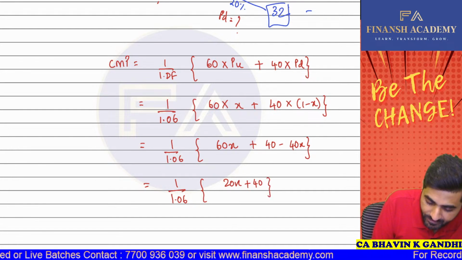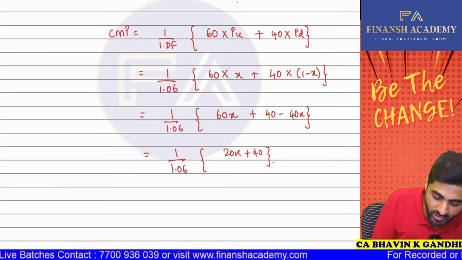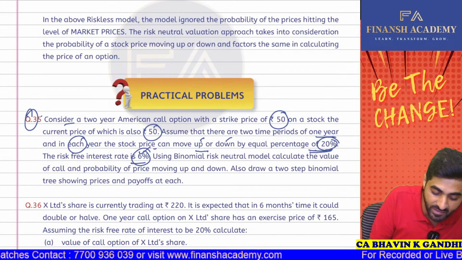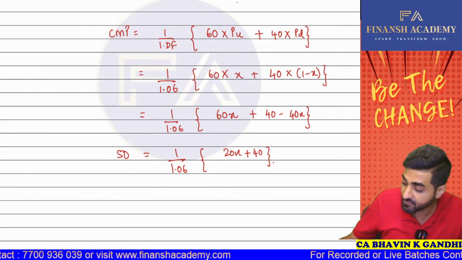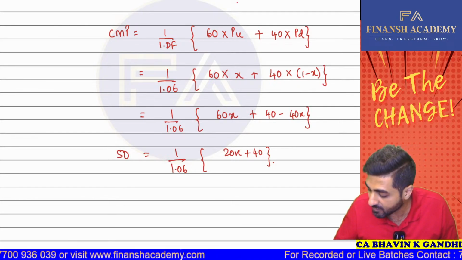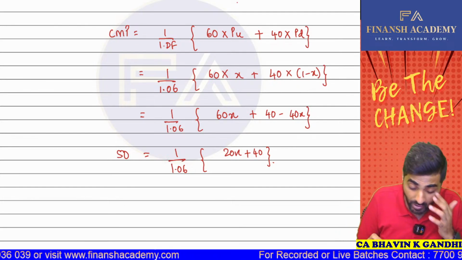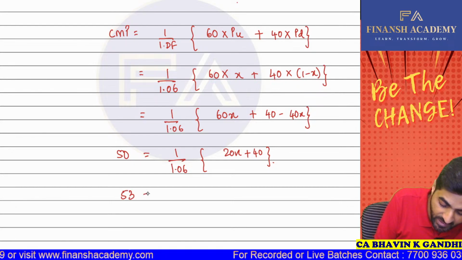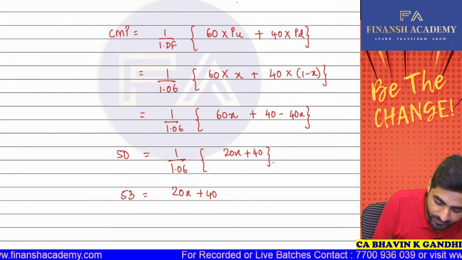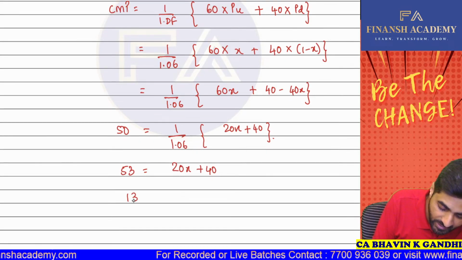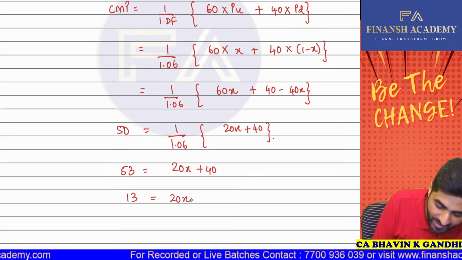All right. So now eventually we have the current market price. What's the current market price of the stock? It is 50 rupees. So if I take 50 and multiply that by 1.06, this will now be 53. So 53 is equal to 20x plus 40. So this will now be 13 is equal to 20x.